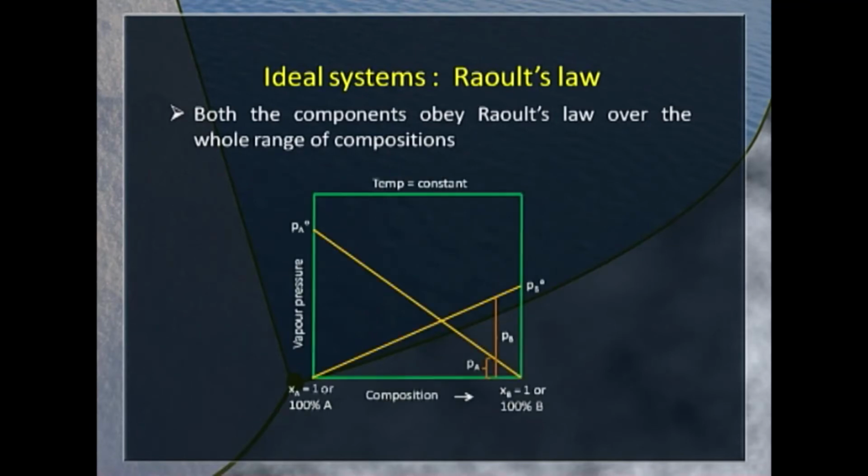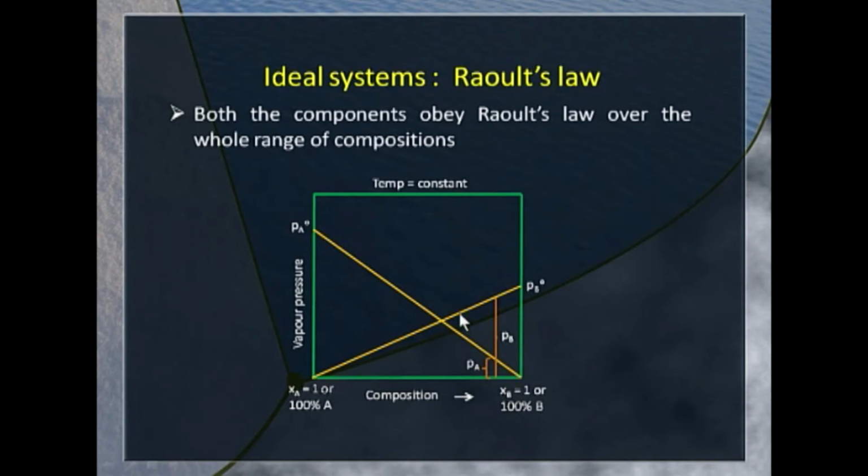Ideal systems are those which obey Raoult's law over the entire range of compositions, right from 0% A to 100% A, or 0% B to 100% B. This is what we get if we take the vapor pressure versus composition plot. This is exactly as per Raoult's law.